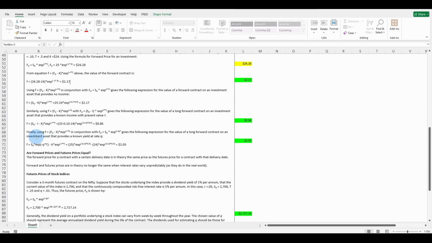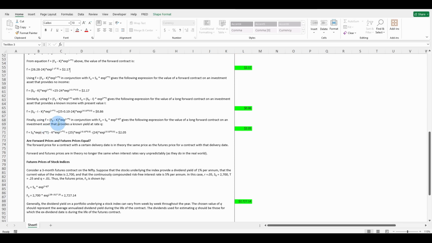Finally, using f equals F of O minus K times EXP minus R T, in conjunction with F of O equals S of O times EXP R minus Q T, gives the following expression for the value of a long forward contract on an investment asset that provides a known yield. This was known income. This is known yield.